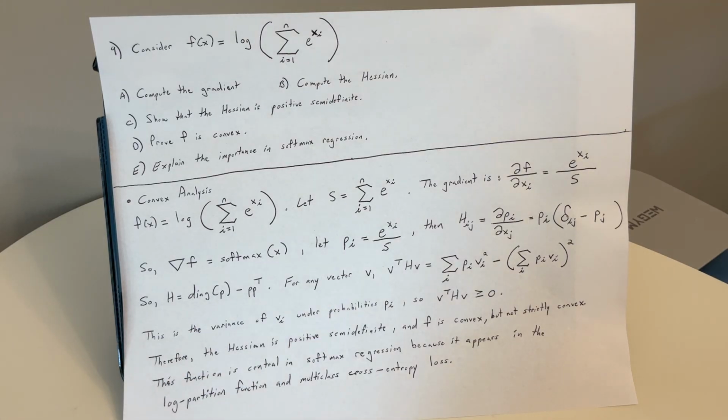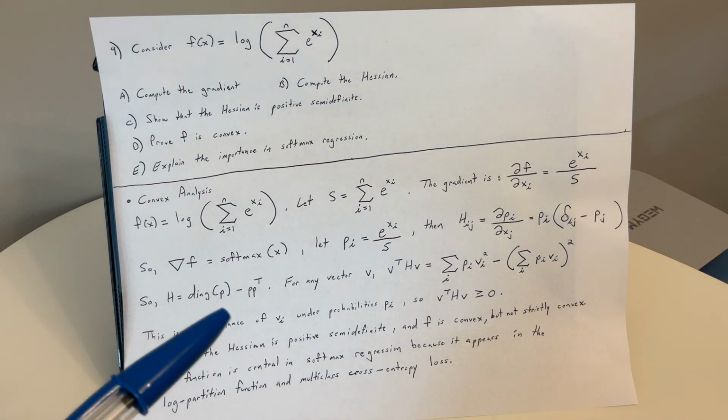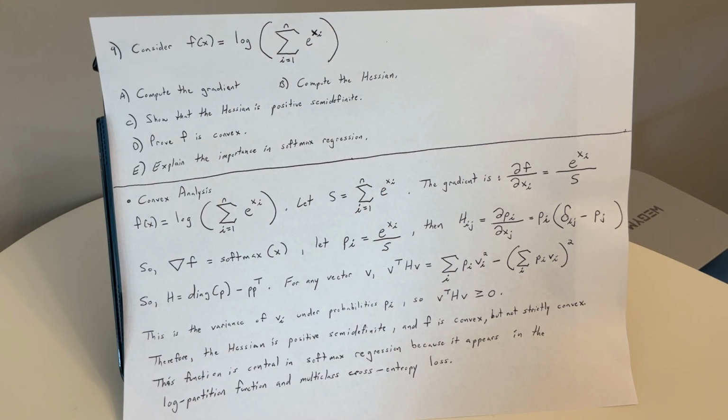So then from here, h sub ij equals the partial of p sub i with respect to x sub j, and that equals p sub i times the quantity delta sub ij minus p sub j. So H equals the diagonal of p minus p p transpose.